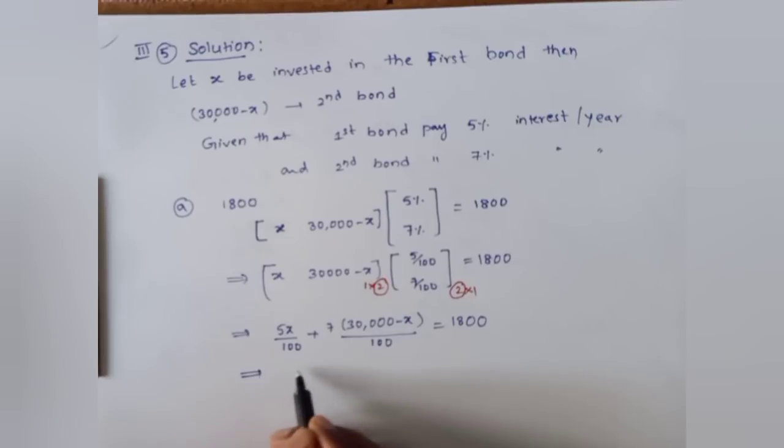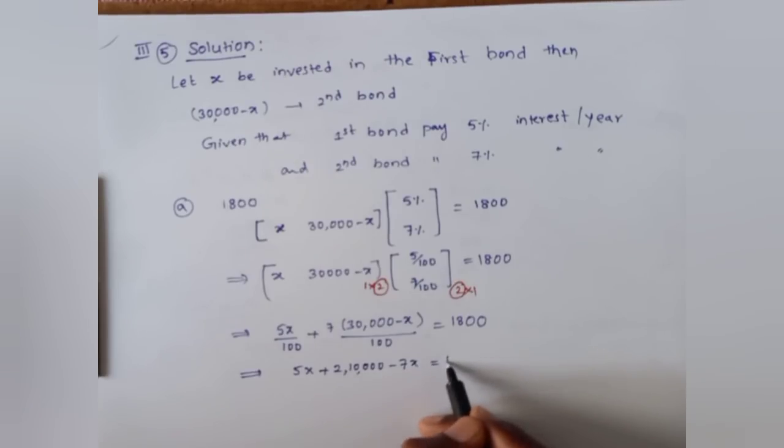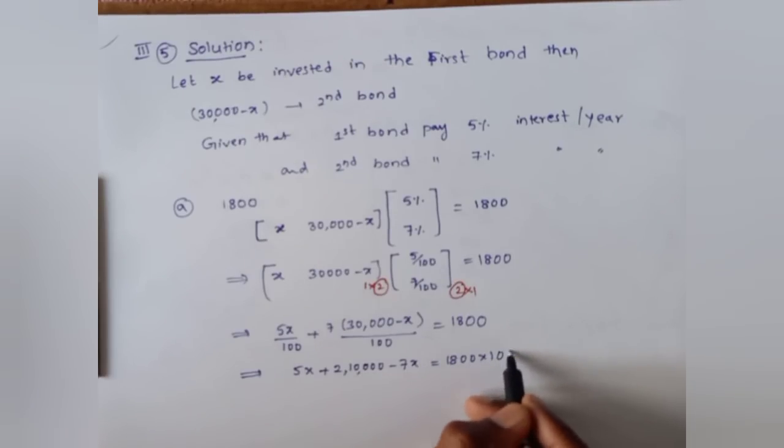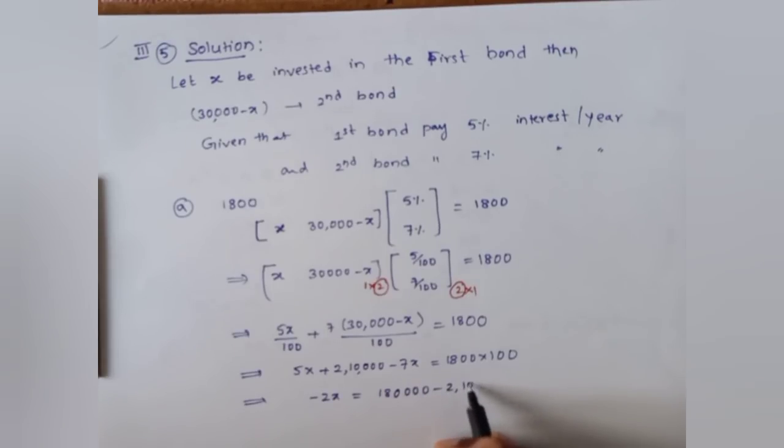This implies 5x plus 2 lakhs 10,000 minus 7x is 1800 into 100. Simplifying, 5x minus 7x, which is minus 2x, equals 1,80,000 minus 2,10,000.